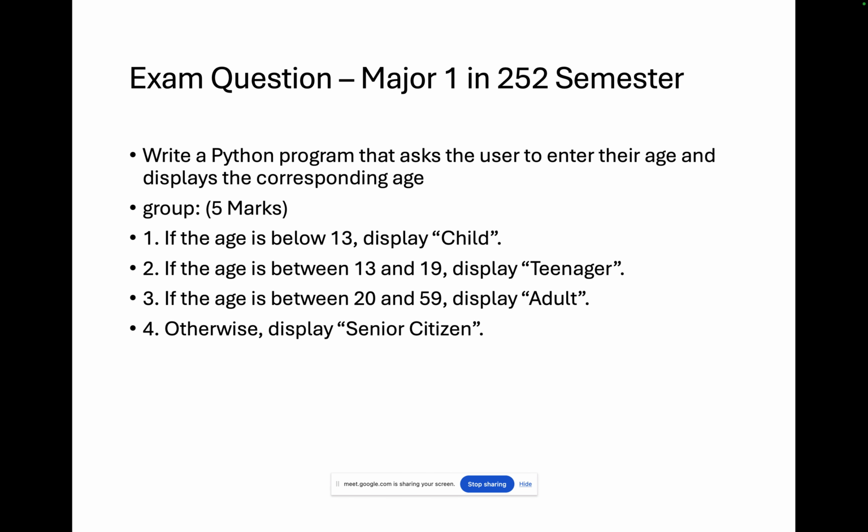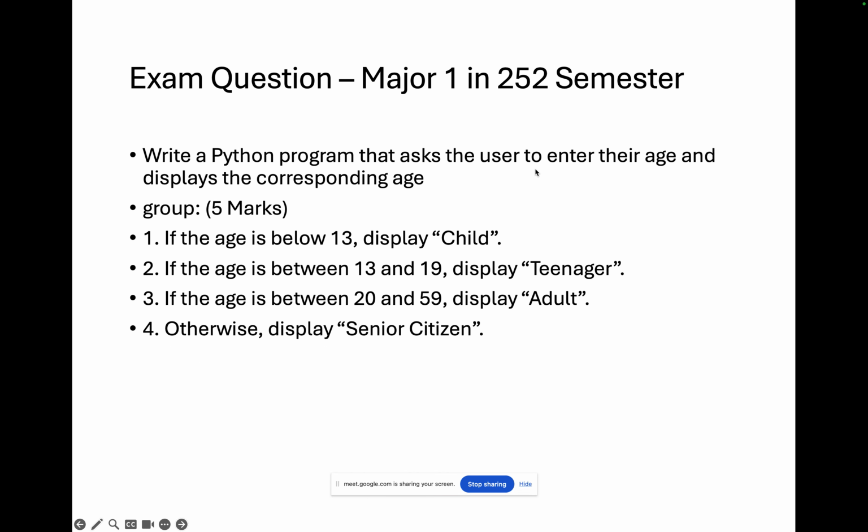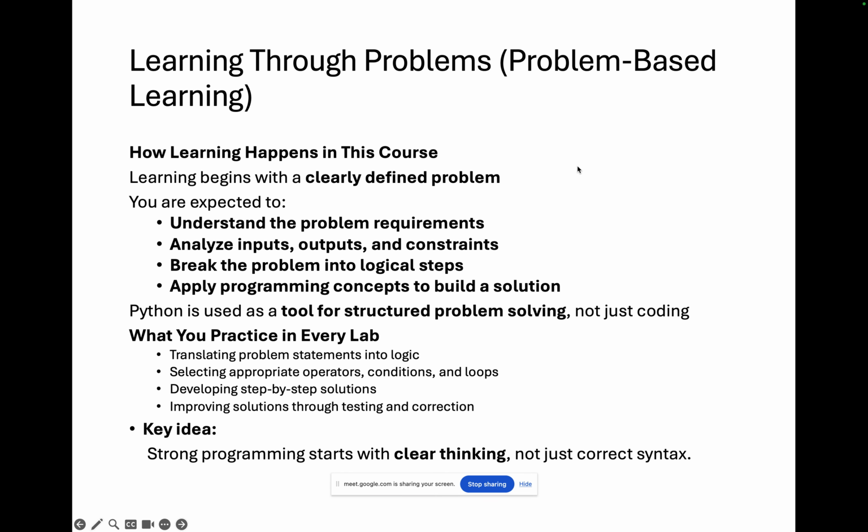I just say, oh, I want to make a program to tell people what their age group is. If you say, well, how would that work? And then I'll say, oh, they will enter their age, right? This is the first thing I'll say. The user will enter their age.